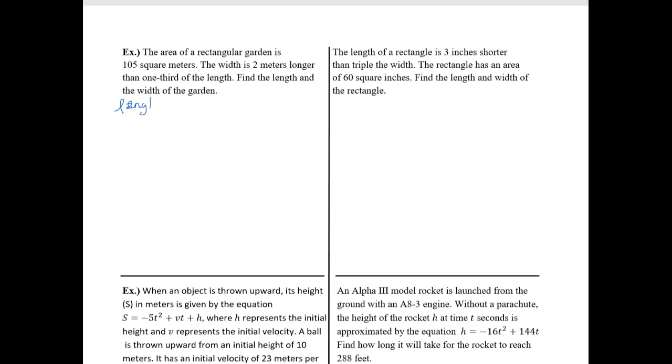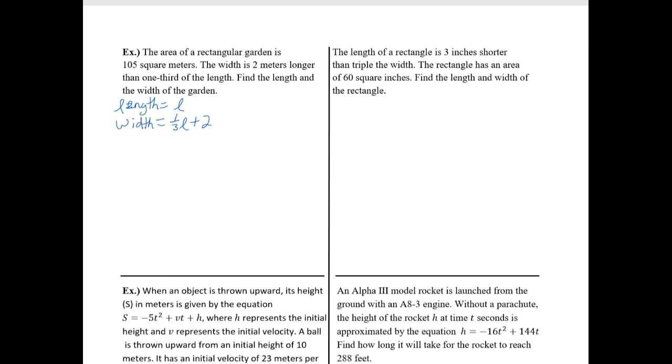Length equals L. I do not know anything about the length. What I do know something about is the width. So instead of writing W, I'm going to write 2 meters longer than 1/3 of the length. So I'm going to start with 1/3 of the length, and I want 2 meters longer than that.